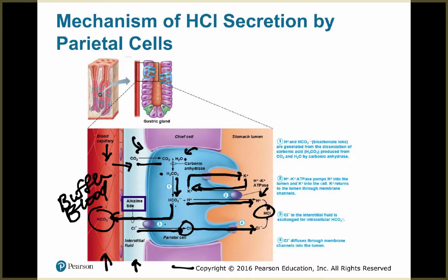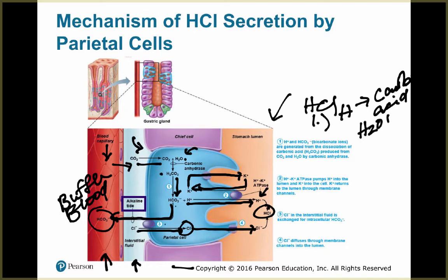So when we're talking about how HCl is made by these cells, the H is coming from the breakdown of carbonic acid, and that's coming from water and CO2, right?